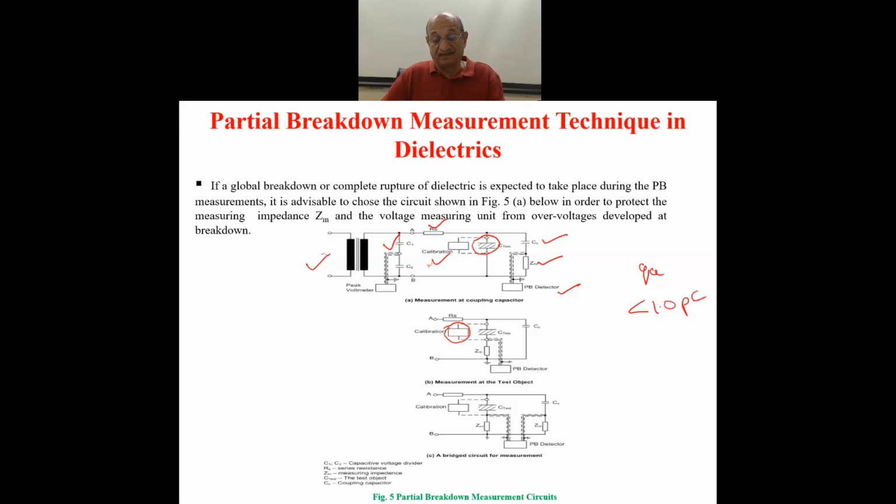The PD detector can be set in such a way that it is able to detect a charge injected in the circuit when we apply the voltage or the field intensity, but calibrated with the help of this standard calibrating charge generator. And that is how the sensitivity of the circuit is fixed.